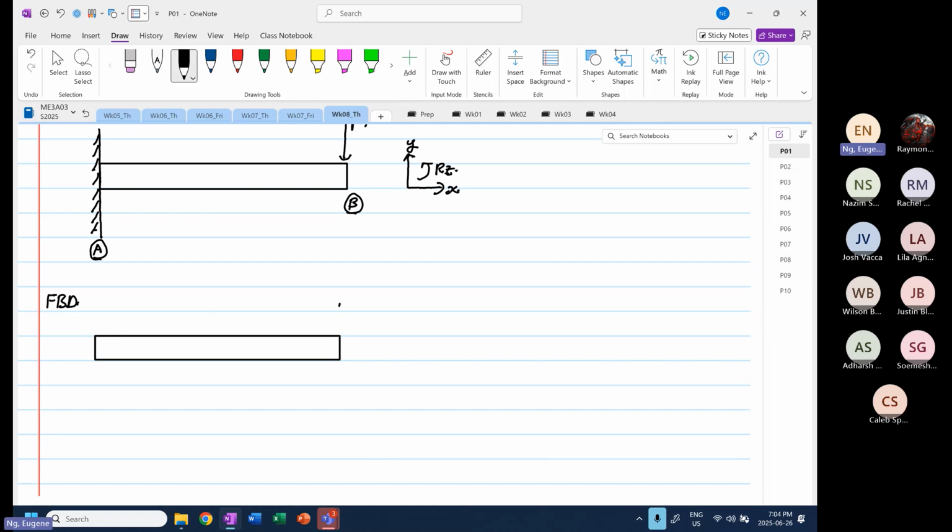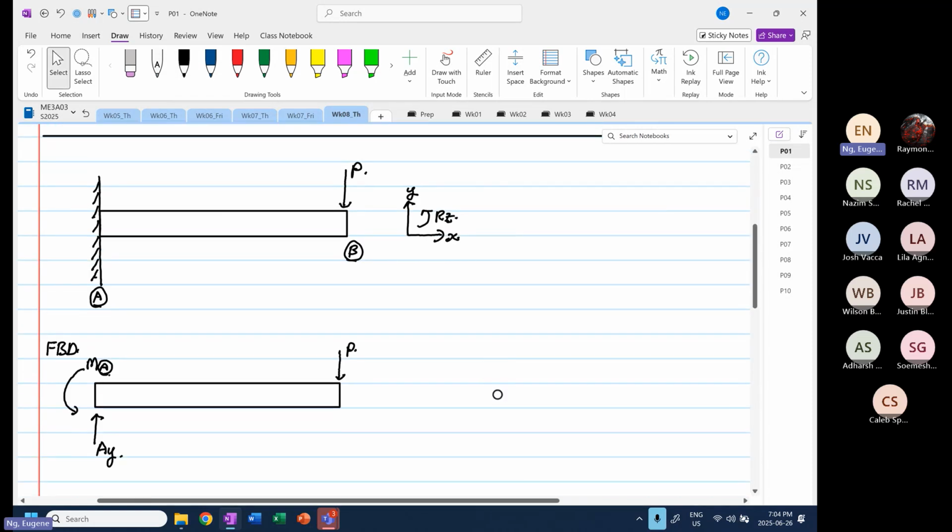We know that if P is coming down this way, we will have a force going upwards, and this is your Ay. And then we are going to have a counter moment over here. So this is our moment at point A.